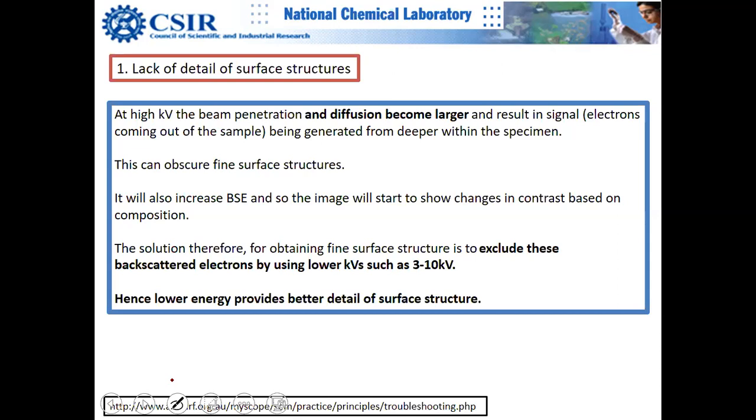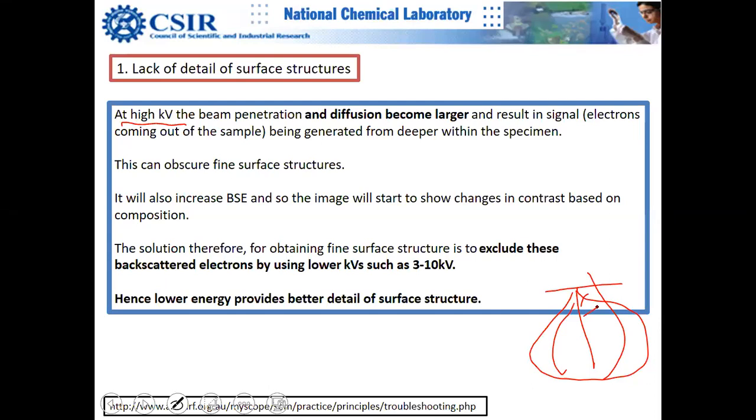If you are tempted to use higher kilovoltage, as we saw in the previous image, the beam will penetrate much deeper and make a larger diffusion volume, and the signal will come out of all kinds of volume. So you will lose the finer structure.